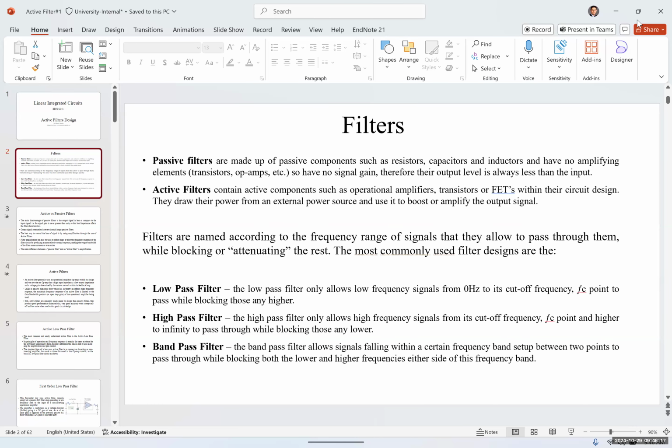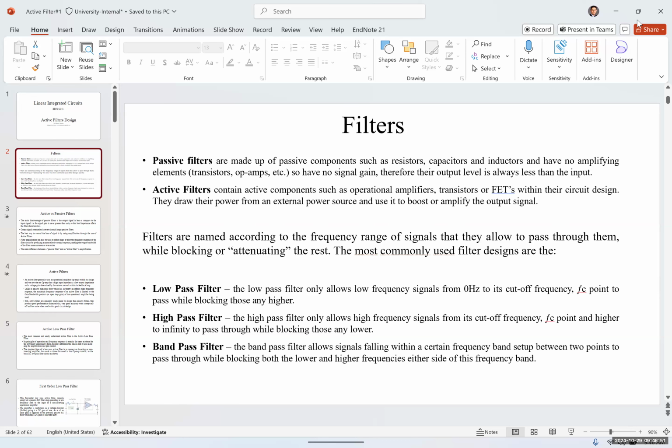So we have 2 types of filters. We have passive filters and we have active filters. So what are passive filters? Passive filters are made out of passive elements. We learned in the first chapter, in the first class, do you remember what the passive elements were? So anything that doesn't produce energy is a passive element, like a resistor, a capacitor, an inductor, because they don't create any amplifying effect.